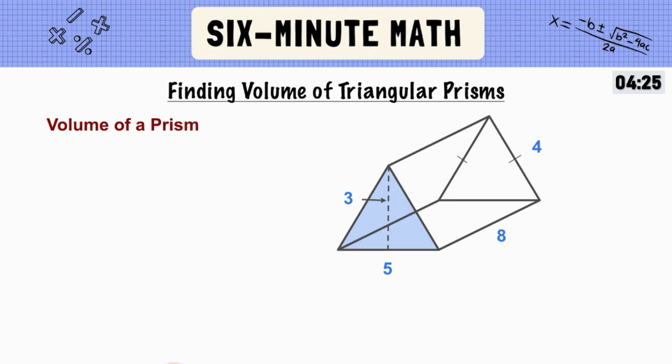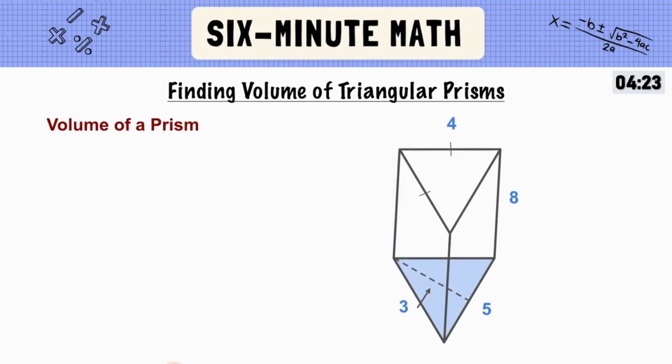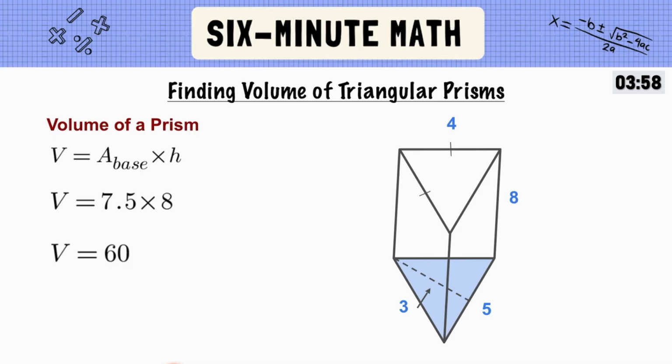So the volume of that prism is going to be the area of that base multiplied by the height of the prism. I've just rotated that prism around to show that the 8 is considered the height after finding the base of that triangle. So we have our area of base times height. We take that 7.5, multiply it by 8, giving us a total volume of 60.